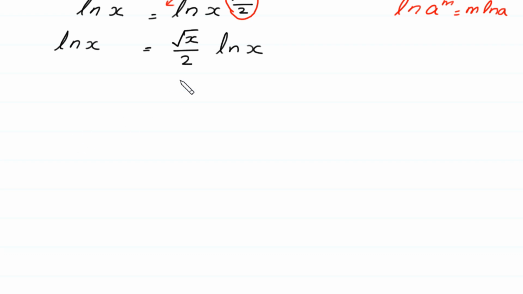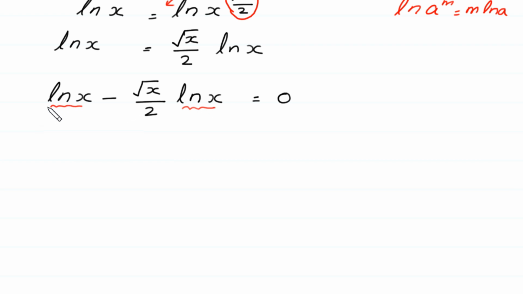Next, we move this square root of x over 2 times ln of x to the left side. ln of x, this positive square root of x over 2 times ln of x becomes negative square root of x over 2 times ln of x is equal to 0. Now as you can see, this ln of x is a common factor.